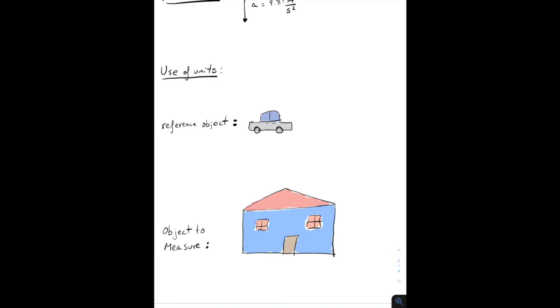One simple way is to use the car as a reference object, a physical standard quantity, and put it in front of the house and see how many times the car fits from one end of the house to the other.